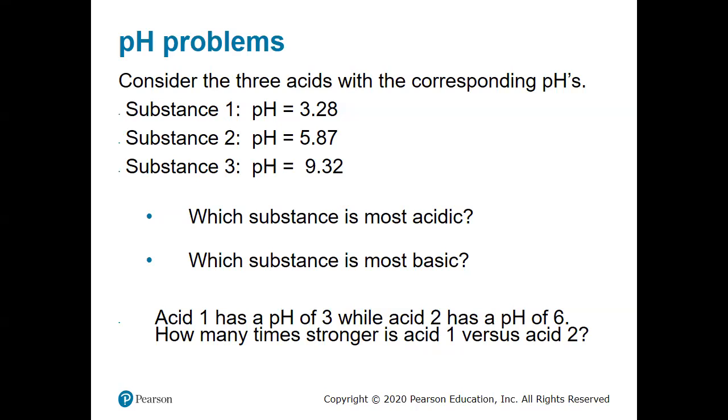All right, let's look at some methods in using pH. First problem here. I've got 3 acids that have pH values: 3.28, 5.87, 9.32. Question is this: which substance is the most acidic and which one is the most basic?